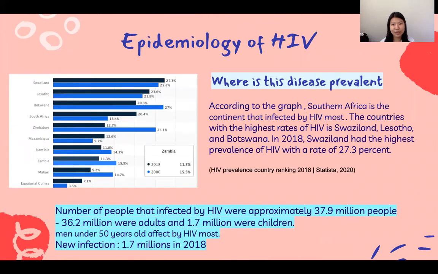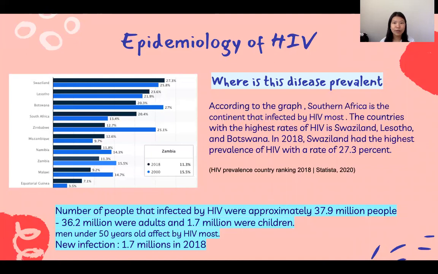Where is this disease prevalent? According to the graph, as you can see, Southern Africa is the continent that is affected the most. From the record from 2018, Switzerland is the country with the highest rate, which is around 27.3%.